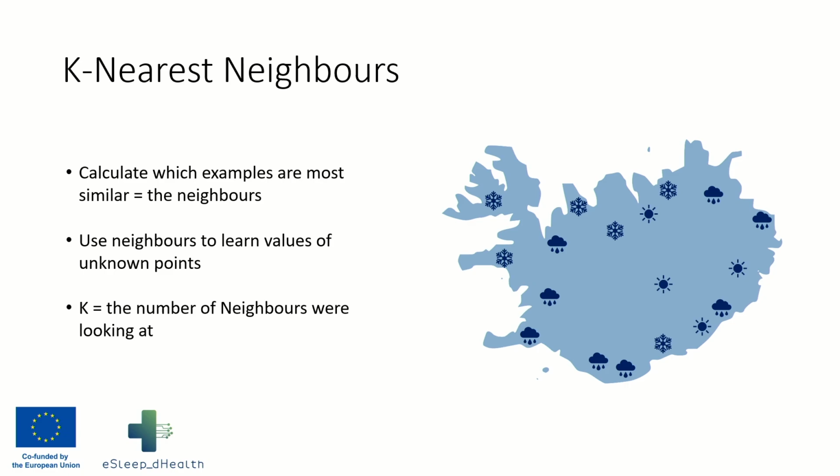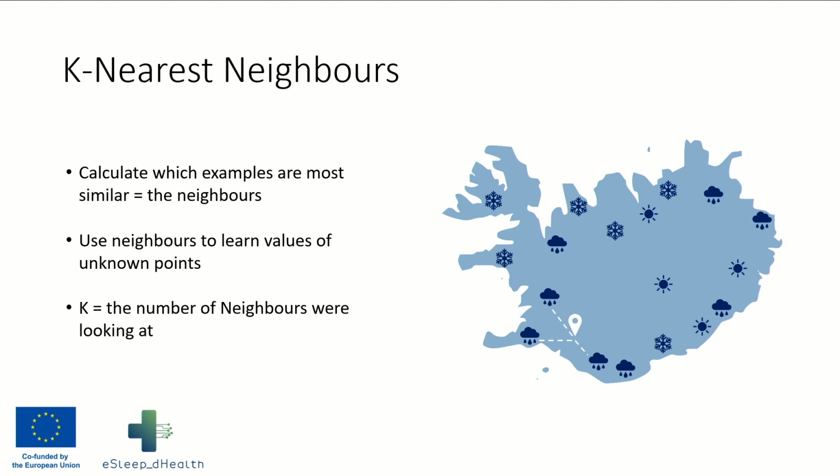So let's say we're searching for the weather in this place, which is probably around Selfoss. And in order to find out the weather at this place, which is right now unknown to us, we would find the places that are closest to Selfoss. So this would be probably Vik and Reykjavik and Akranes.